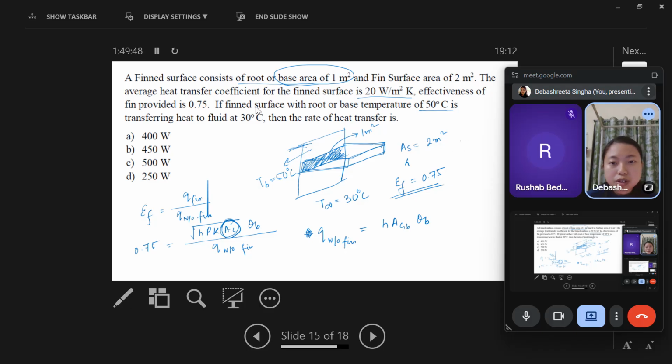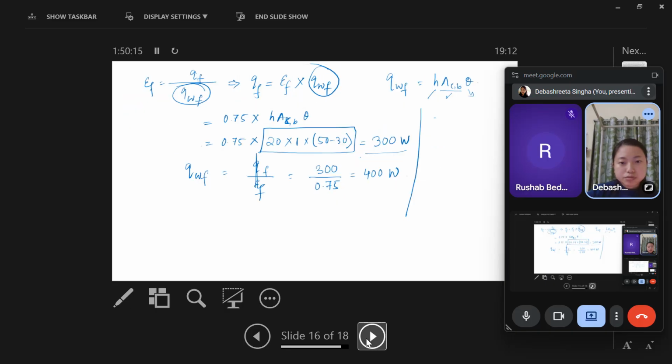If finned surface with root or base temperature is 50 degrees Celsius, that means the base wall is 50 degrees Celsius and transferring heat to fluid at 30 degrees Celsius, then the rate of heat transfer is here. So 400, 450, 500, 250. So the Q without fin they have asked to find out. So it is around 400 watt.